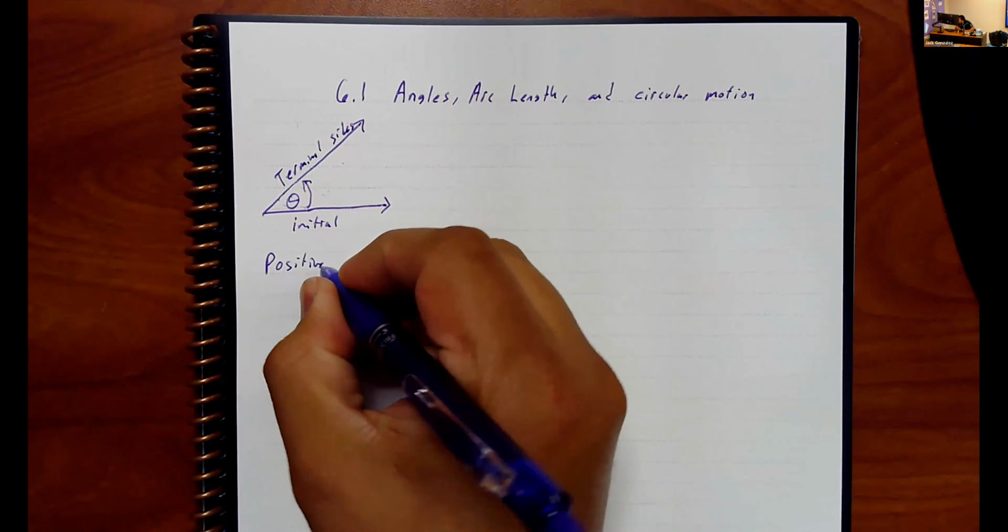Now, negative 90 means I'm going from 0 down here, right? Because positive 90 is up there. So you need to understand how to do this. Start at 0. If it's 90, you go 90 degrees this way, counterclockwise. If it's negative, you go the opposite direction. That's it.